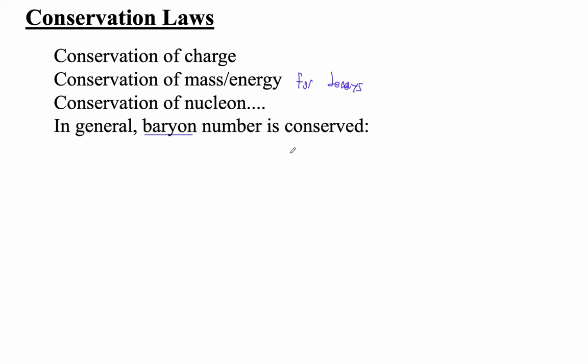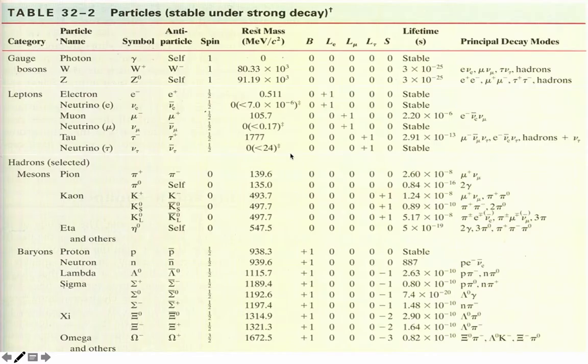If you count up, in a particular nuclear reaction, what your baryon number is on the left side of the equation, the right side of the equation is going to have the same baryon number. We've never seen a reaction that violates conservation of baryon number, or at least the scope of this course does not cover anything that does.